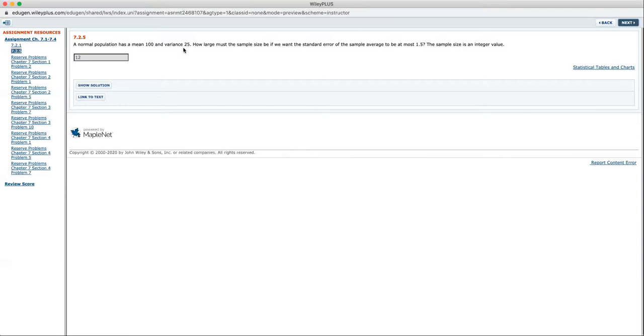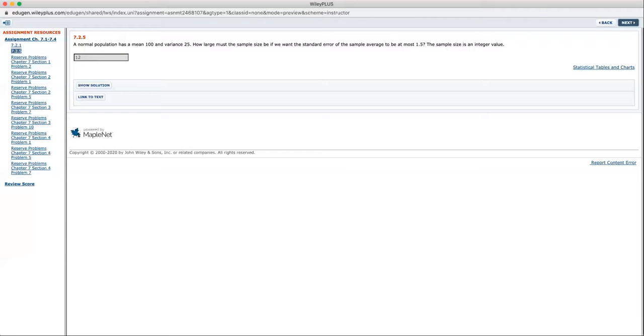So the question is: what's the value of sample size n to have the standard error of the sample average, the standard deviation of the sample mean, at most 1.5? The sample size is an integer value.